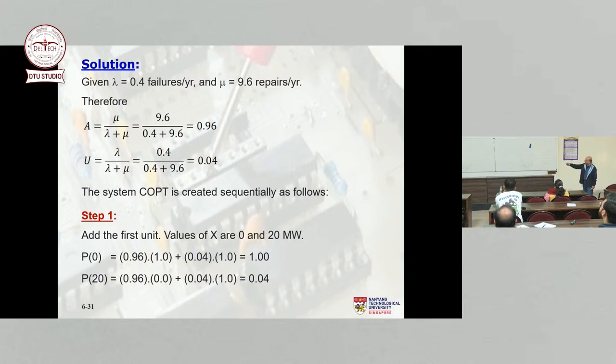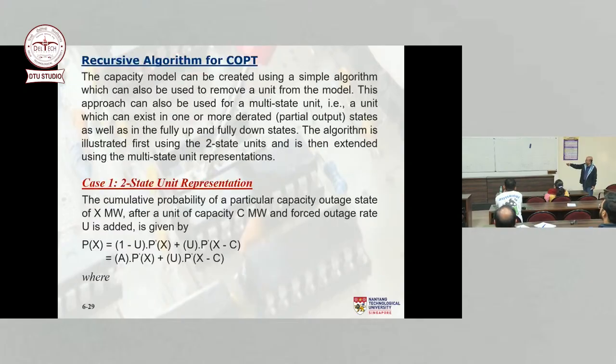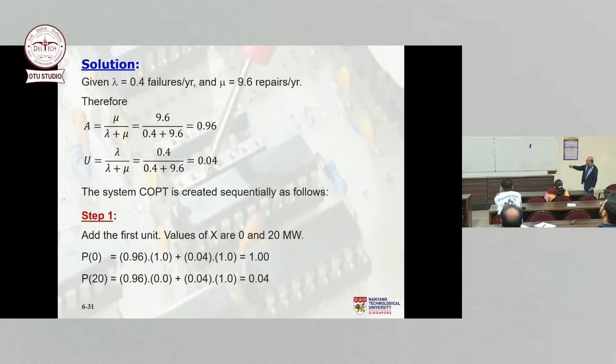So what is this? Availability. Unfortunately, the equation is way back. So availability times P prime of X. That means P prime of 0. We don't have the table before this. So P prime of 0, we have to use the initial condition. What is P prime of 0? For X less than or equal to 0, it is 1. So for us, P prime of 0 is 1, correct? So I'm going to put that as 1.